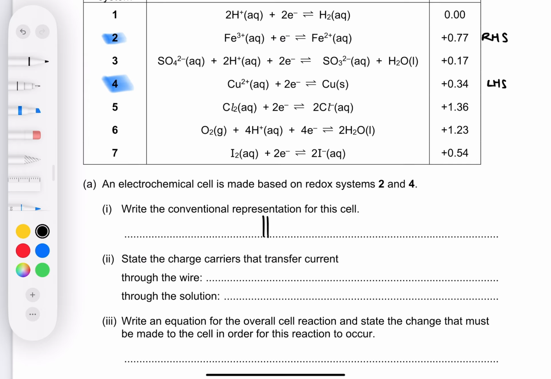So on the right-hand side, we've got the more positive one going in the direction it's written, the highest oxidation species closest to the salt bridge, then the one that it converts to. Now, these are the same state symbol, so just a comma.